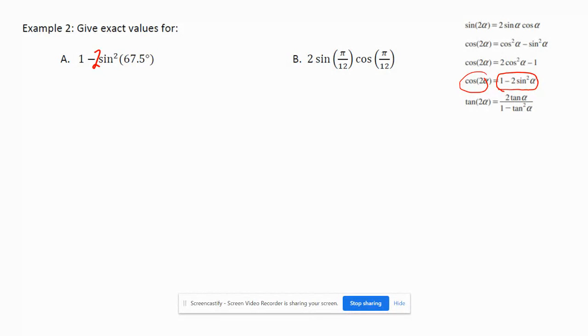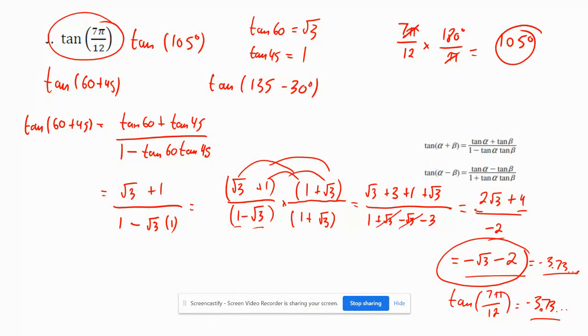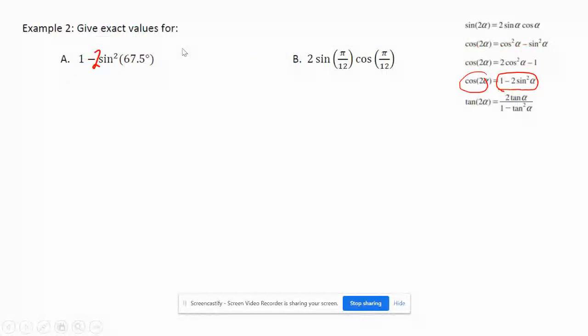So in other words, cos 2a, where in this case alpha is 67.5 degrees.